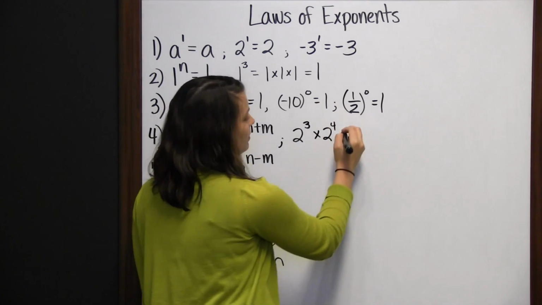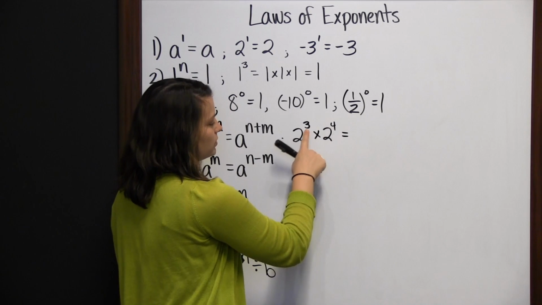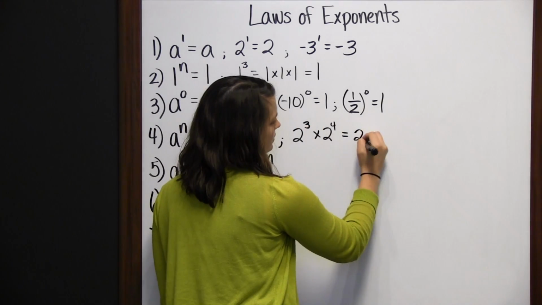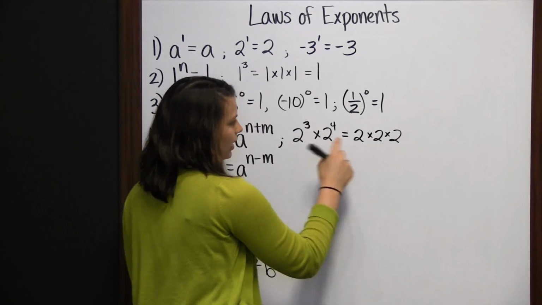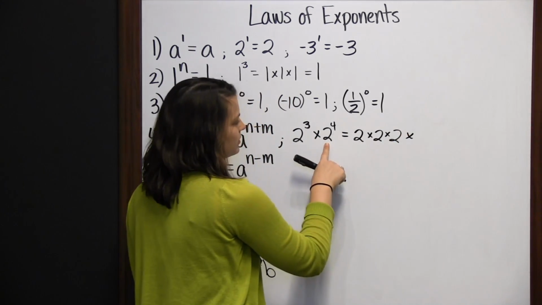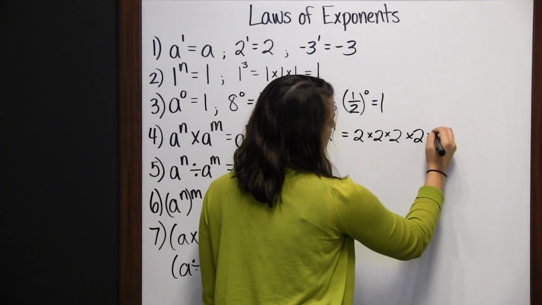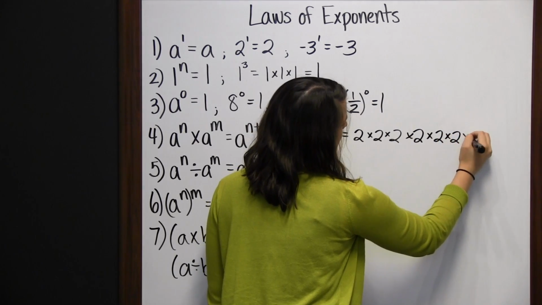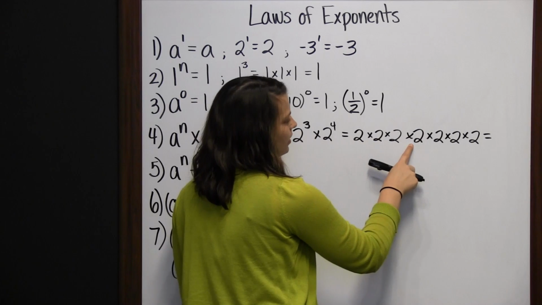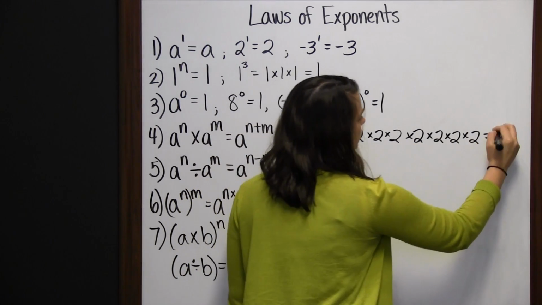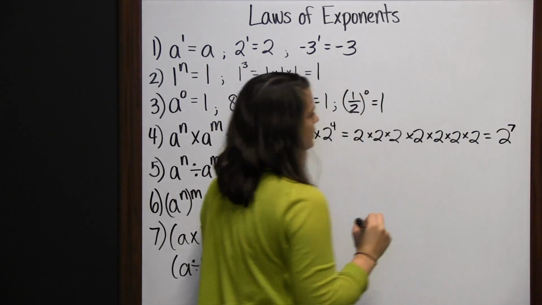Well, what that really means is 2 cubed is 2 times itself 3 times, so 1, 2, 3 times, times 2 times itself 4 times, so 1, 2, 3, 4 times. So we've multiplied 2 times itself a total of 7 times.